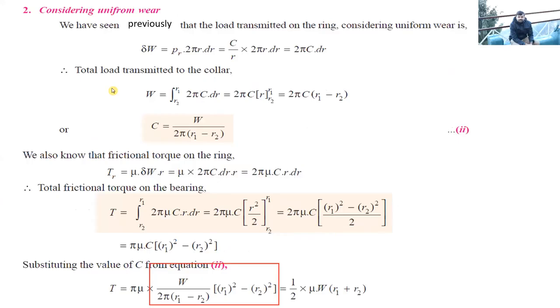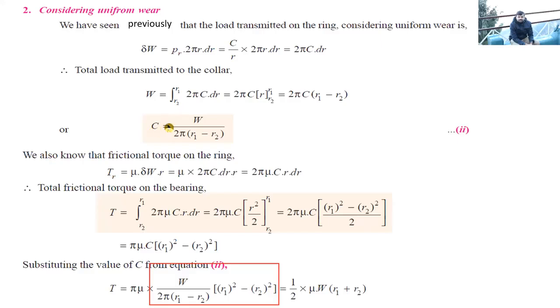Considering uniform wear theory, as we have seen previously, the load transmitted on the ring is del W equals PR multiplied by 2 pi R dr. This PR into R is constant, so PR equals C upon R. Substituting this, it comes out to be 2 pi C dr. Now to get the total load, we integrate it, and please make sure that you keep the limits as R1 and R2.